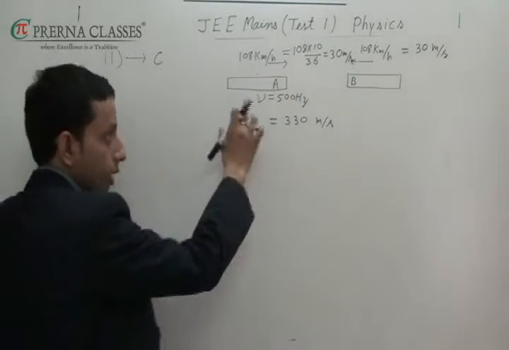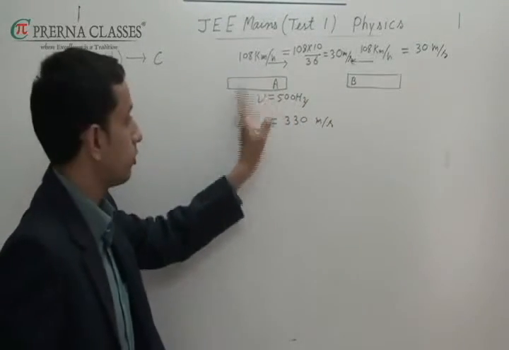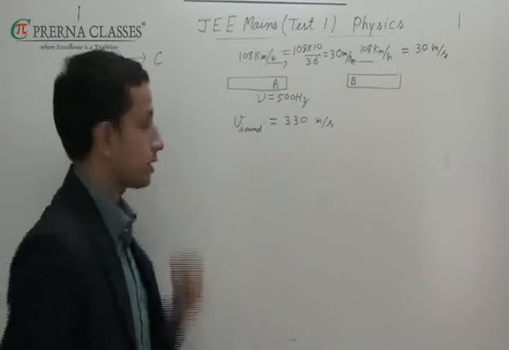and now we have to find the apparent frequency heard by the second train. Suppose the first train is whistling, then the apparent frequency heard by the second.